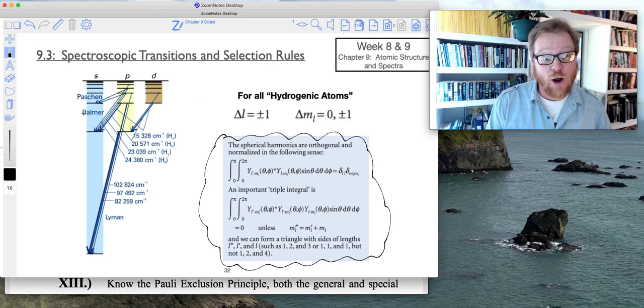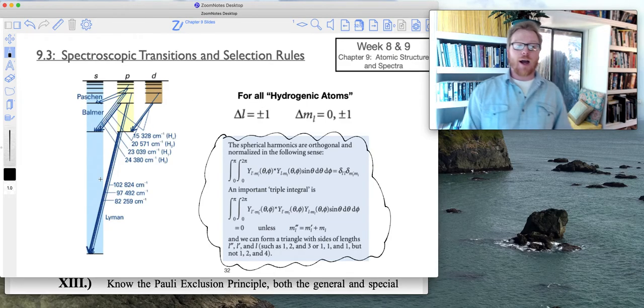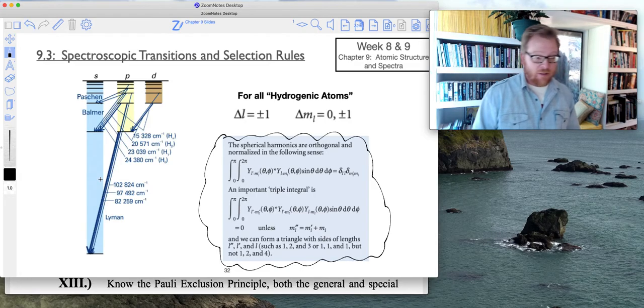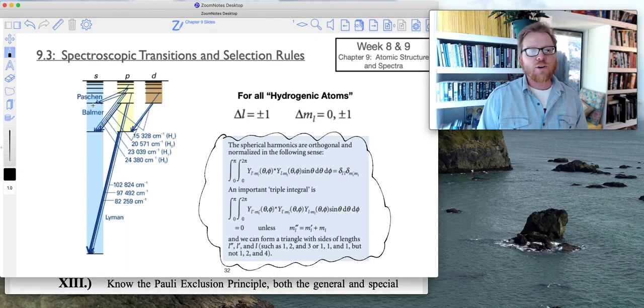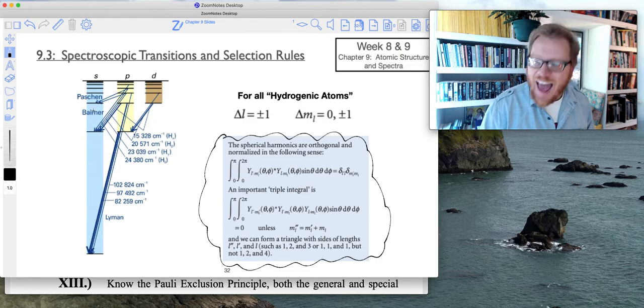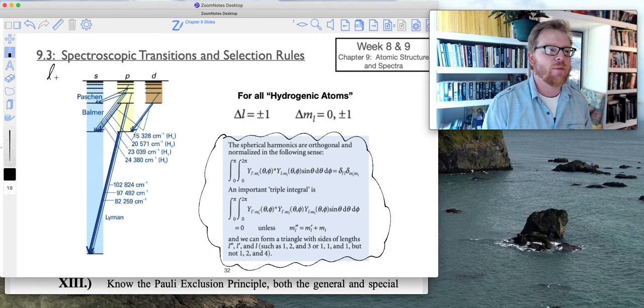But now what I do want to do is come back full circle and talk about our hydrogen spectrum, right? We talked about this at the very beginning, the Lyman series, the Balmer series, and the Paschen series. Well, you notice now, look, there's no d to s transitions, right? Remember, for L, this is 0, 1, and 2.